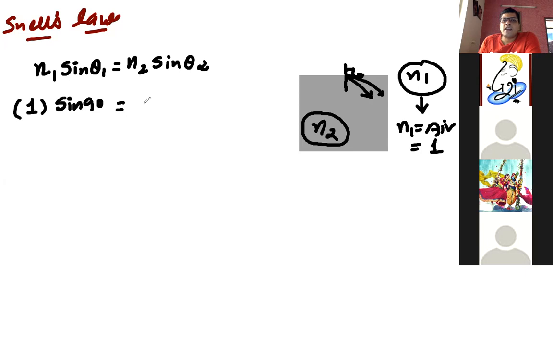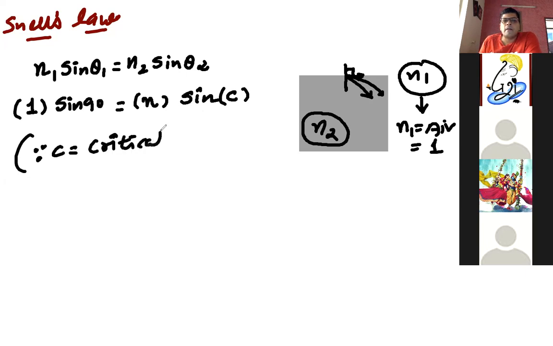N2 is the refractive index of another media. I don't know its value, so I'm putting N2 equals 1. And sine theta 2, I'm putting that as C. So what is C? It is called the critical angle. Critical angle is what?